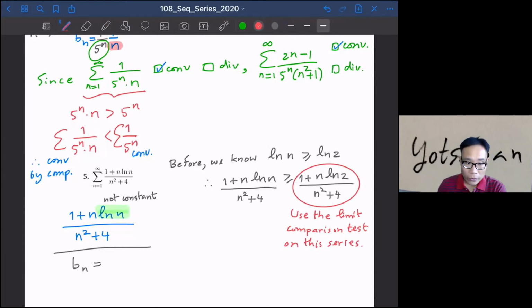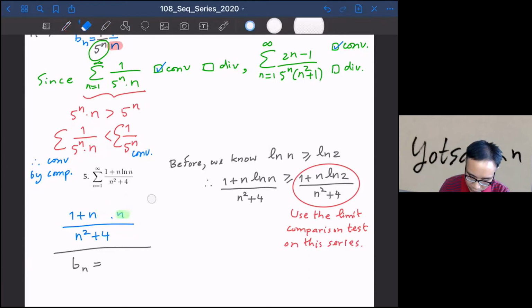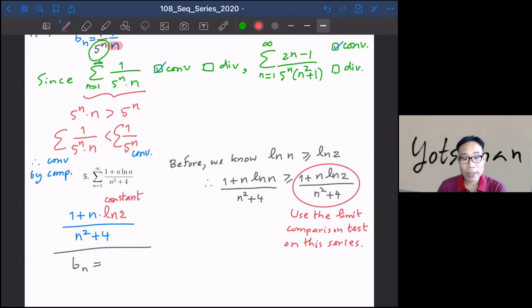So we're going to use the limit comparison test on this series. We just have log 2 at this point, and you see that this turned out to be constant, and you'll be able to choose bn. Please finish that. Is this convergent or divergent?